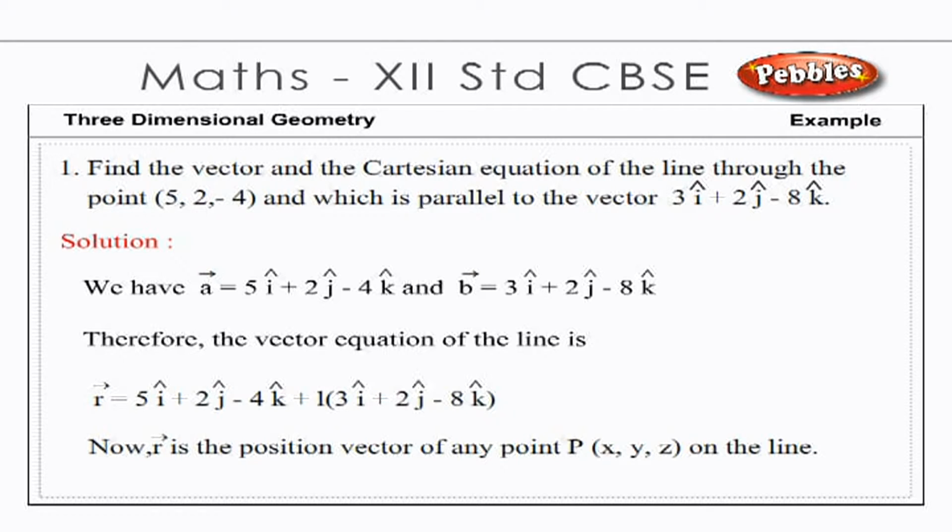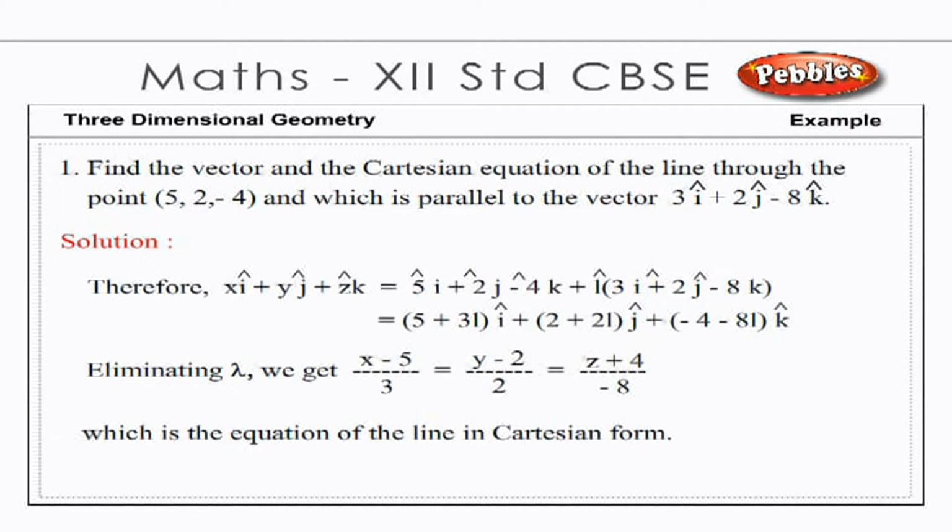Therefore, the vector equation of the line is r vector is equal to 5i cap plus 2j cap minus 4k cap plus lambda into (3i cap plus 2j cap minus 8k cap).